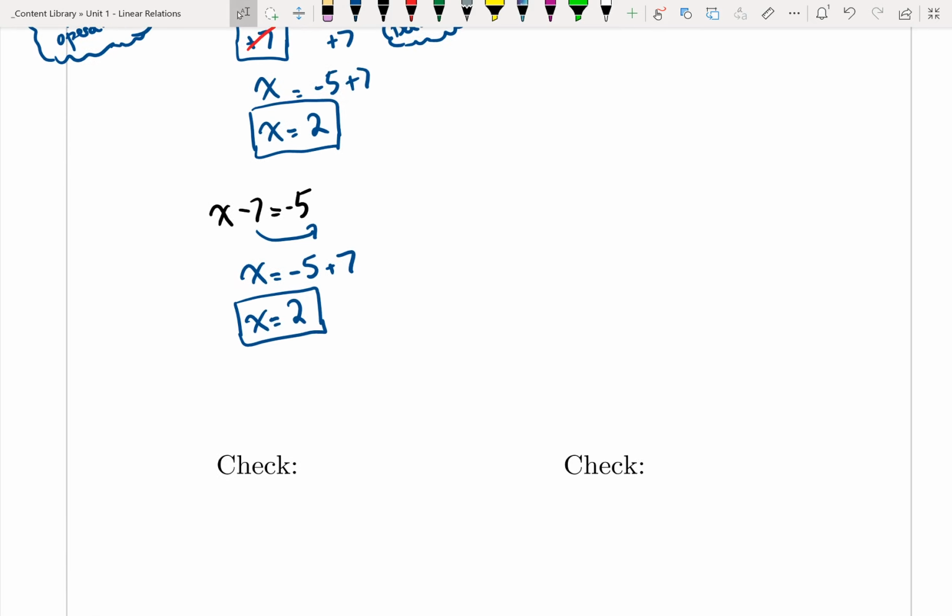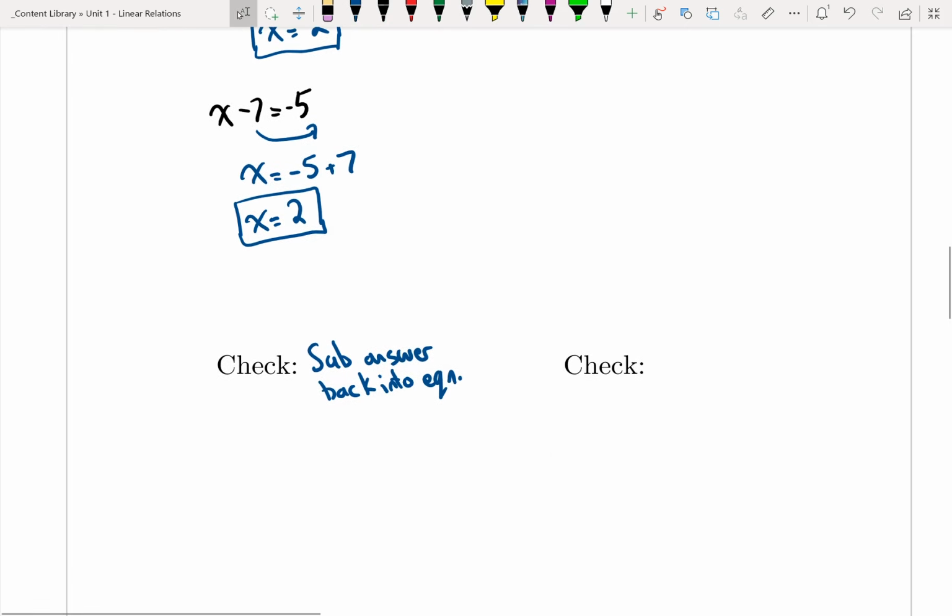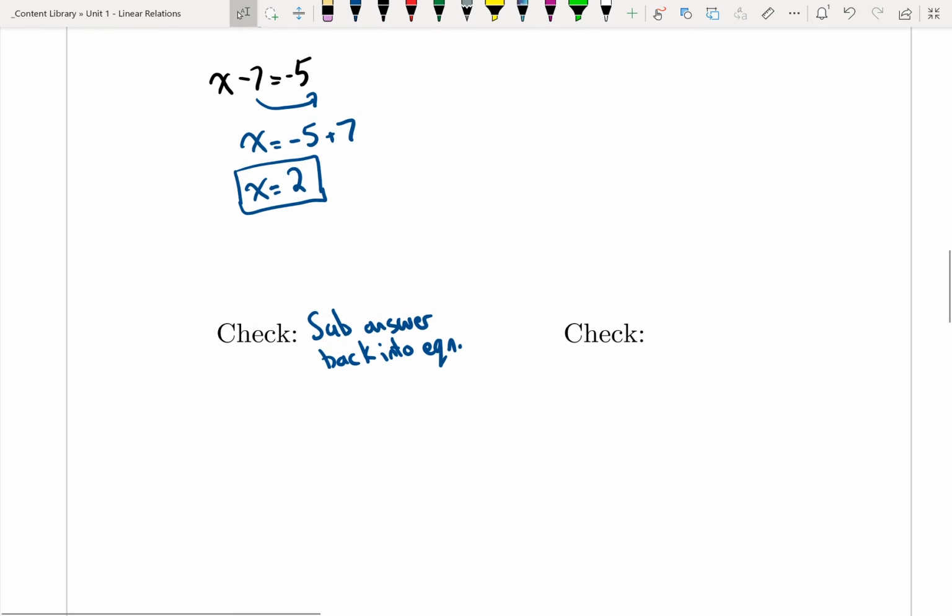If I want to check my answer, I have to sub the answer back into the equation. Very similar to what we've done in a previous example, I know that my answer is x equals 2, so I'm going to take that answer.